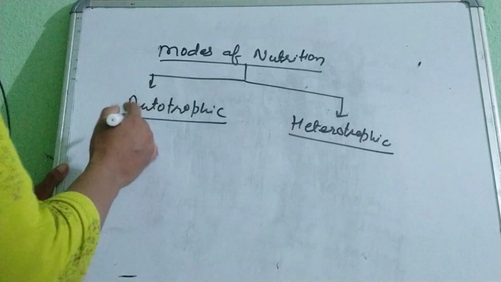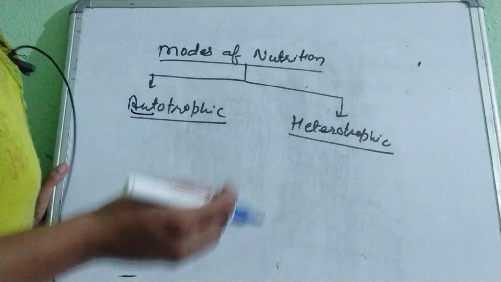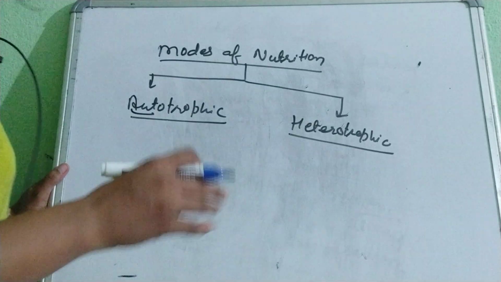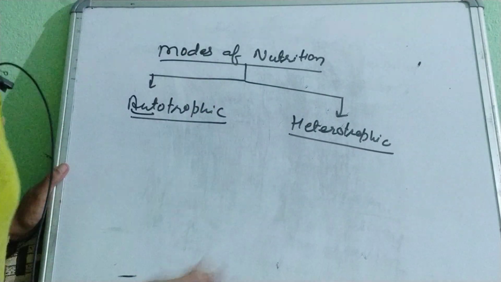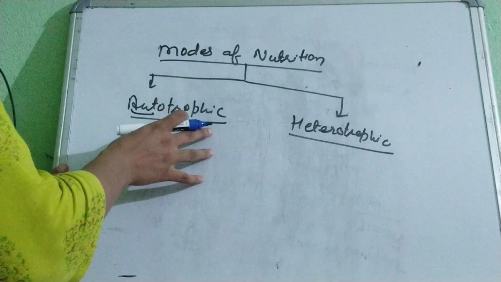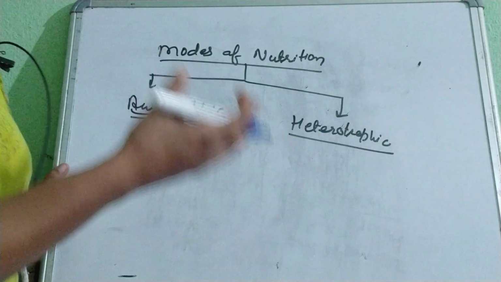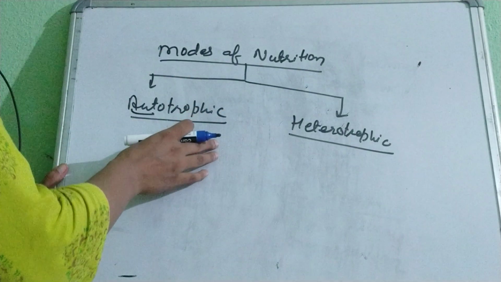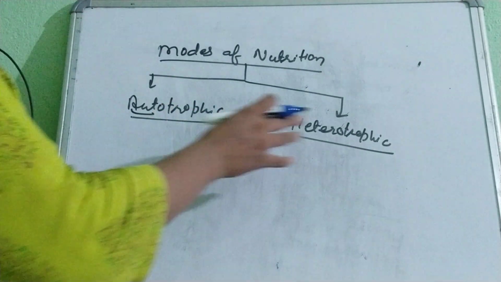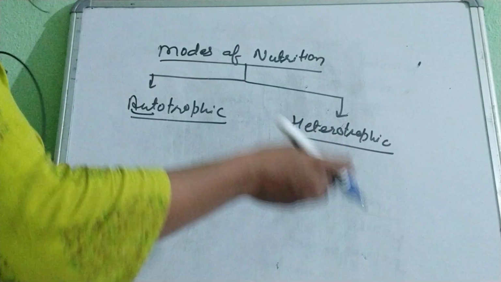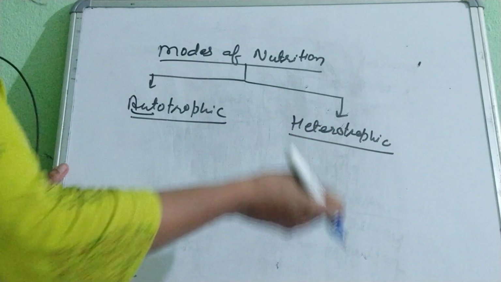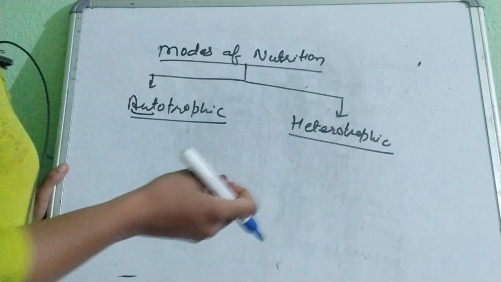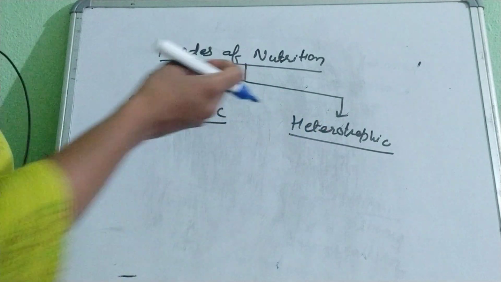Now see, what is said about autotrophic and heterotrophic. Very easy. Auto means self. Those organisms which prepare their own food are called autotrophic, or you will say plants or organisms which prepare their own food are called autotrophs. Heterotrophic means those organisms which are dependent on autotrophs for obtaining their food are called heterotrophs.